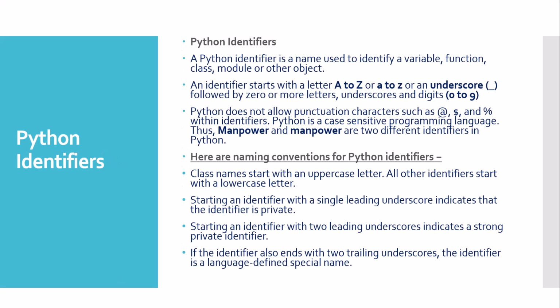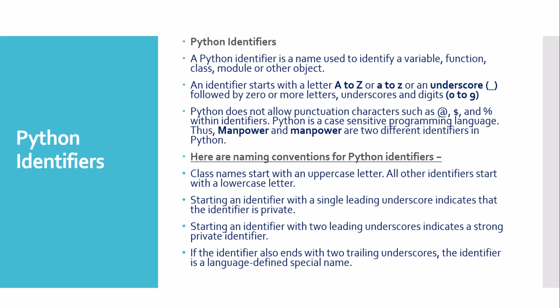Firstly, we talk about Python identifiers. Firstly, we will know what an identifier is. Basically, an identifier is like your name: if you are going somewhere, people identify you with your name, and your family members also identify you with your name.